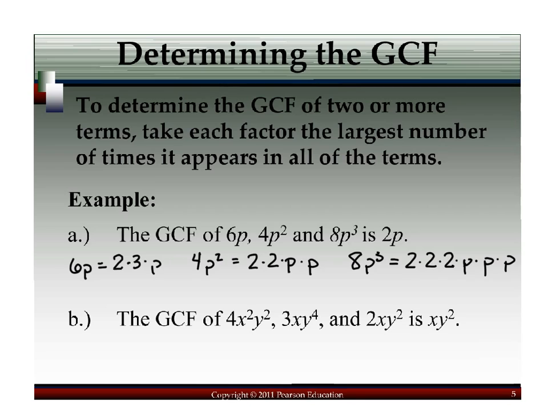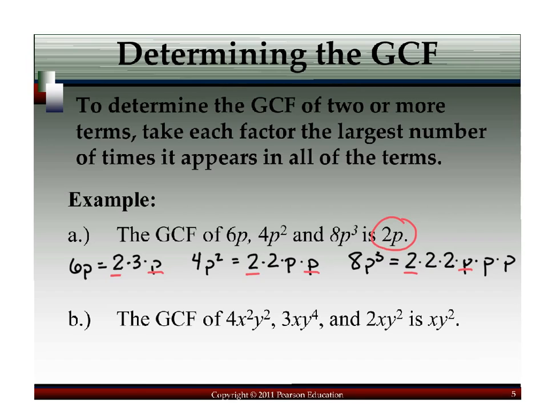The values that are in common with all three of these are 2 and p. The 6p doesn't have another 2 in it, so the greatest common factor is 2p, which is what we were told from the beginning.